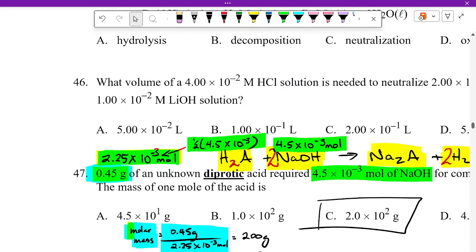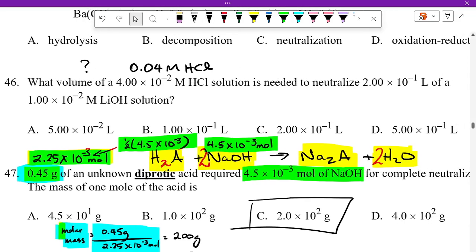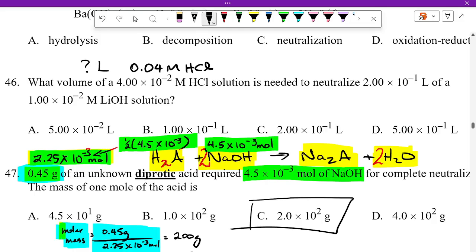46. There we are. What volume of 4.0 times 10 to the negative 2, so that is 0.04 molar HCl, how many liters is needed to neutralize 2 times 10 to the negative 1, so 0.2 liters of 0.01 molar LiOH?